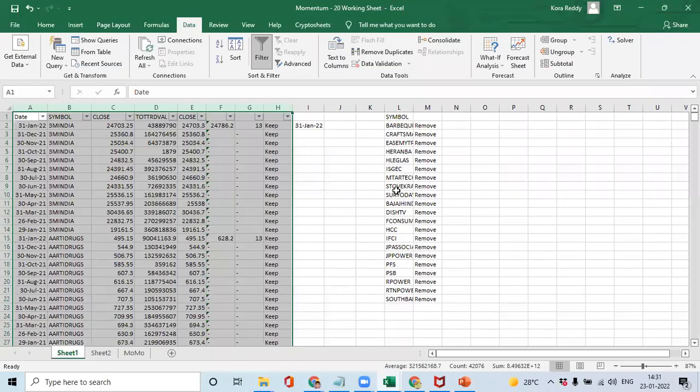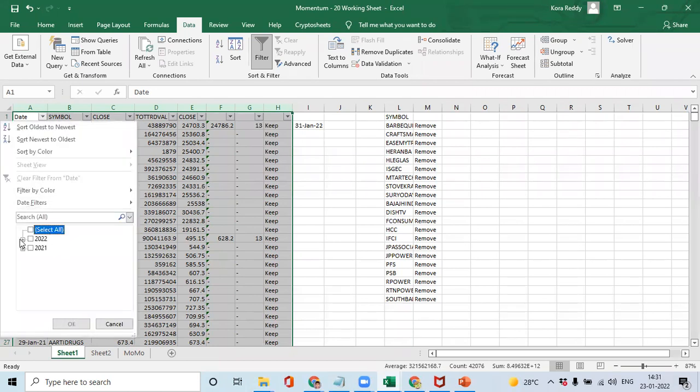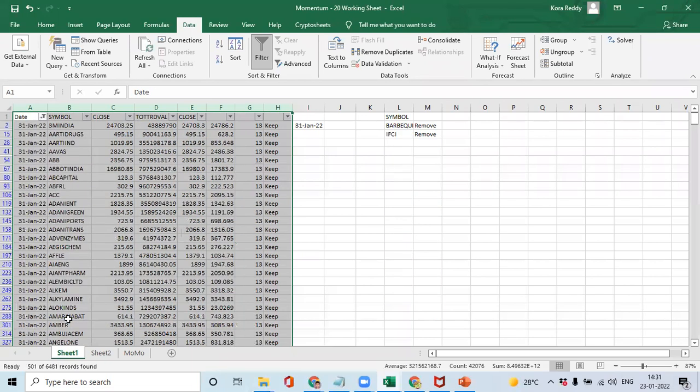So if it has not traded for 30, I am not including that in the further filtering. So tell me which stocks as of today have a count less than 30.